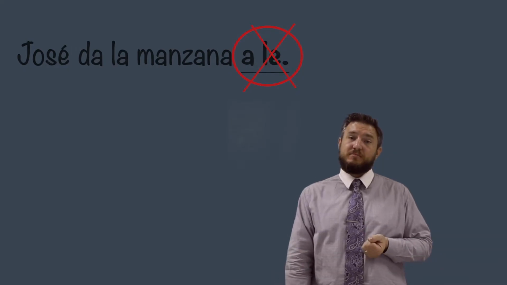What should we do then? Do you remember where we put the pronoun for the complemento directo, the direct object pronoun? That's right, right before the conjugated verb. The indirect object pronoun goes in the exact same place, before the conjugated verb. What is the conjugated verb in our sentence?